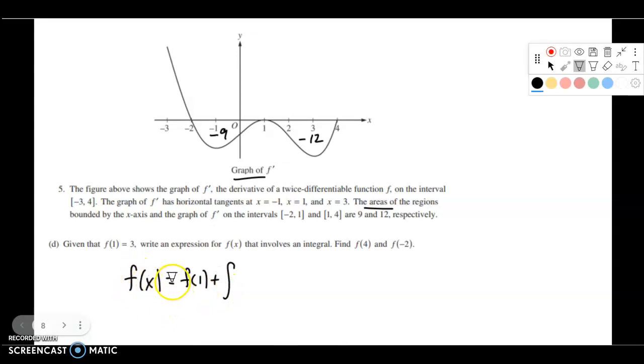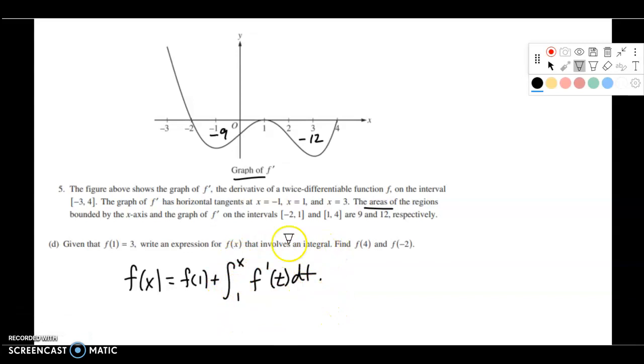So f of x will be equal to f of 1 plus the integral from 1 to wherever we're going to stop, whatever x value they want us to stop at, of this function that's given, f prime t dt, right? Because that will tell us how far or what the total is based on the rate.